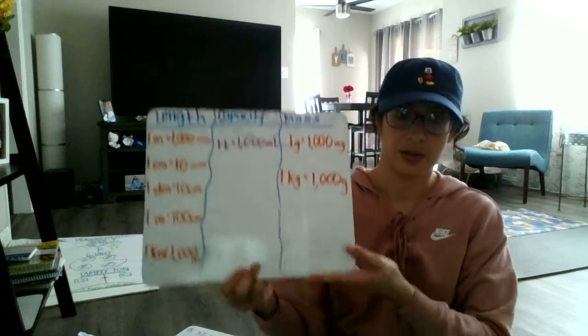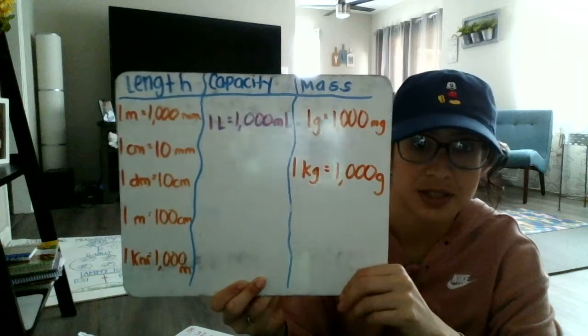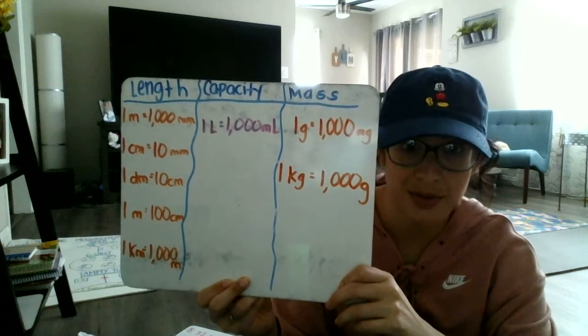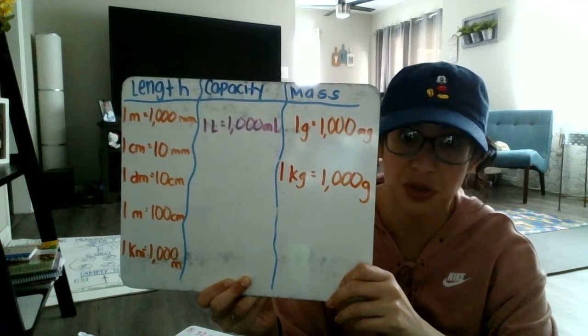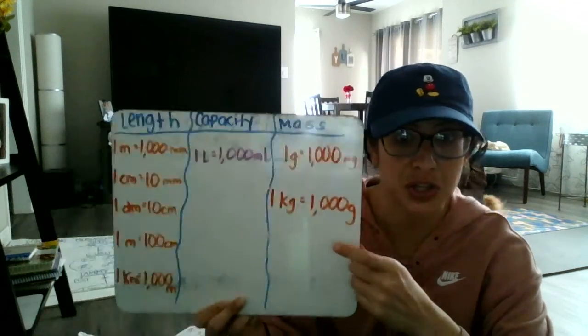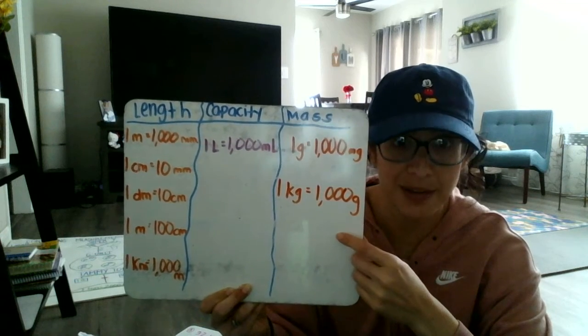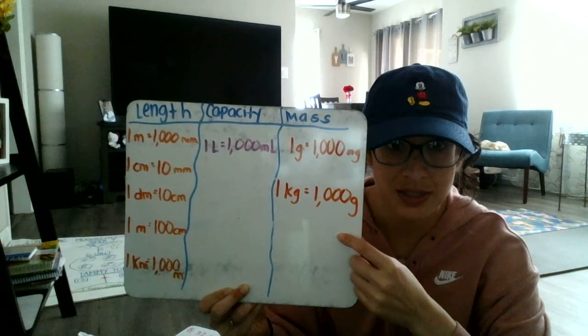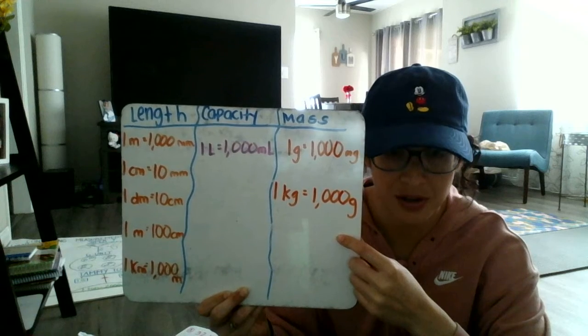So, you have something to do right now. You're going to take this, and you're going to write it down on a piece of paper, because in order to do your work, or your test, which is coming up, okay, you're going to need this. If you don't have this, your test is going to be hard, okay?